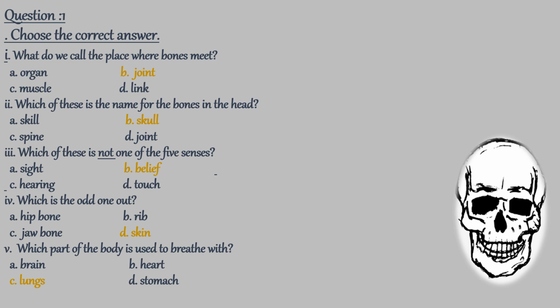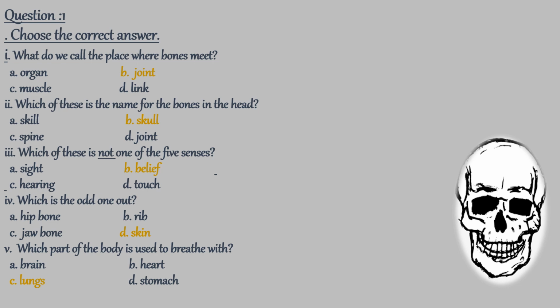Number 3, which of these is not one of the 5 senses? Sight is sense, hearing is also a sense, touch is sense, but belief is not. So the correct option is B, belief. Number 4, which is the odd one out? All these are bones, but one is not the bone, and that is skin.